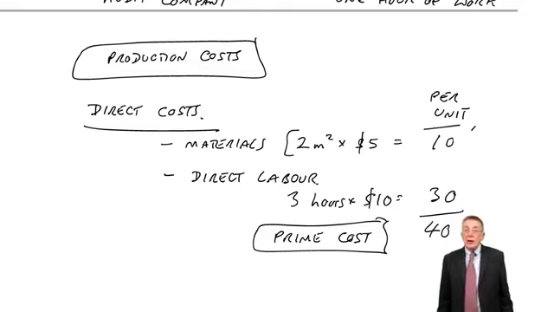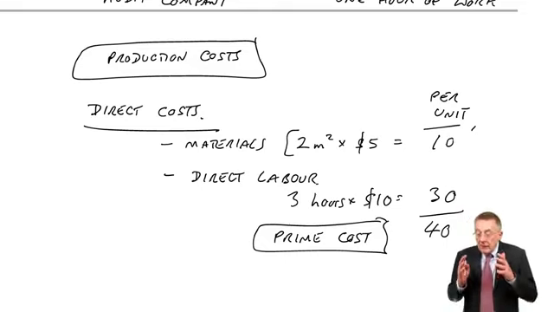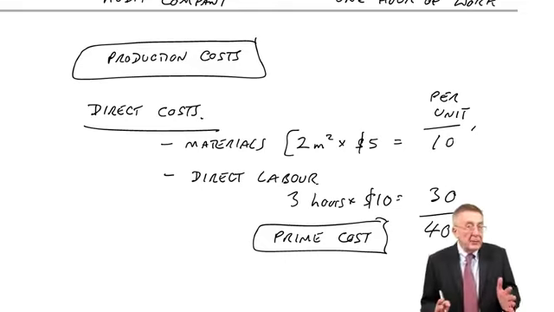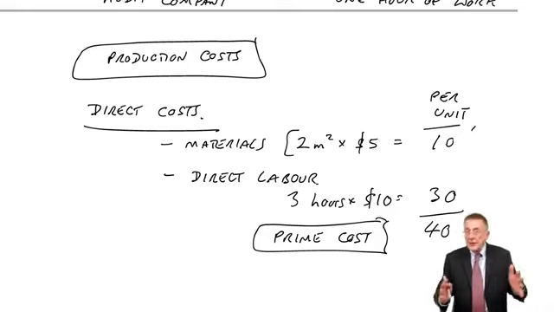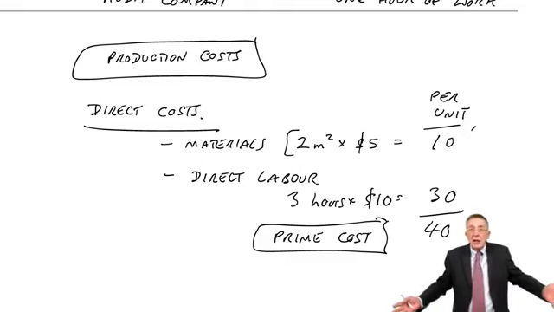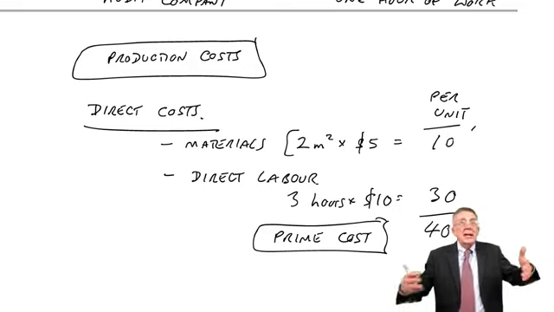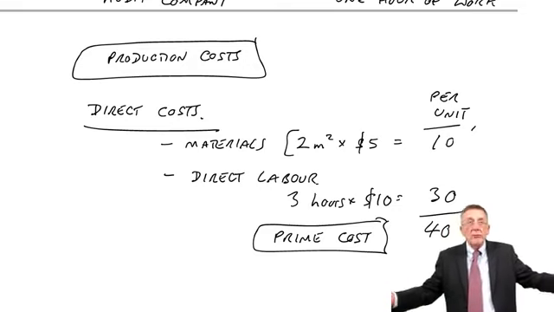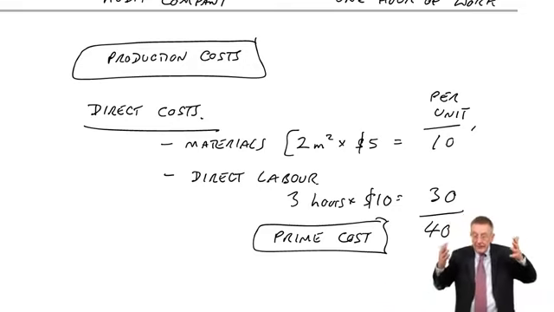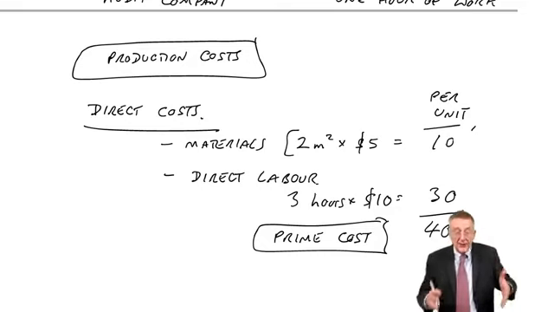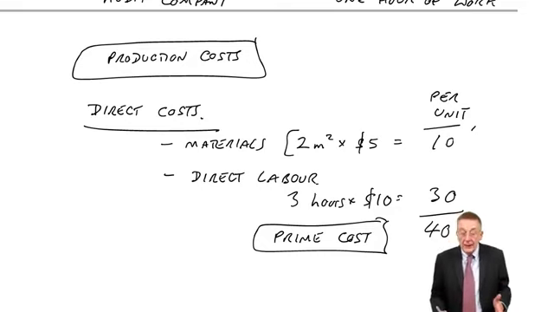However, that's not the full cost of making a desk. Remember, we're only interested for the moment in production costs, the costs in the factory. And obviously there's the cost of the wood, the material, the labour. But there'll be lots of other costs in the factory. Things like the rent. If we're renting our factory, it's a cost of producing the goods.